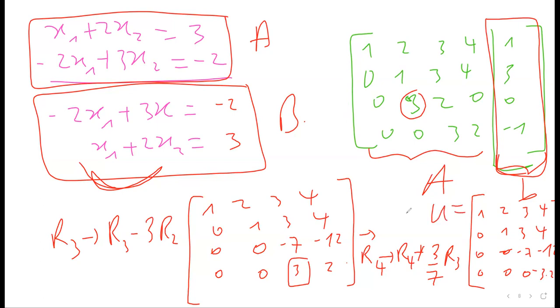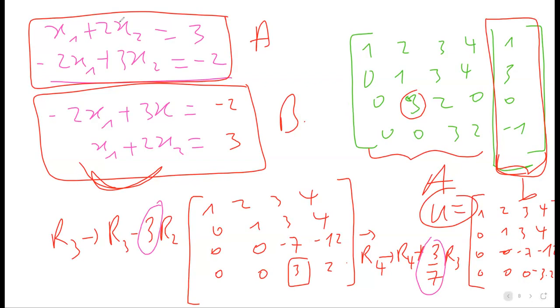This matrix becomes your U, right? And then the lower we said consists of all these scalars that we have used. So we use those ones to create the lower matrix.